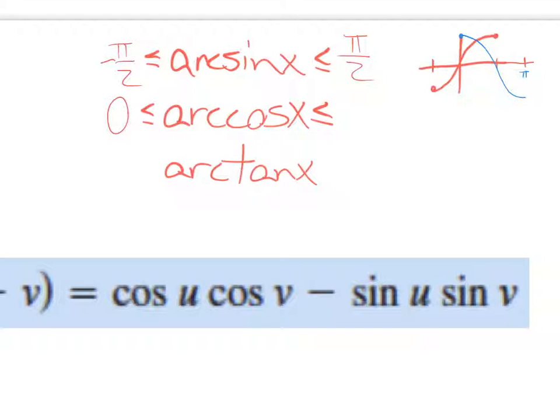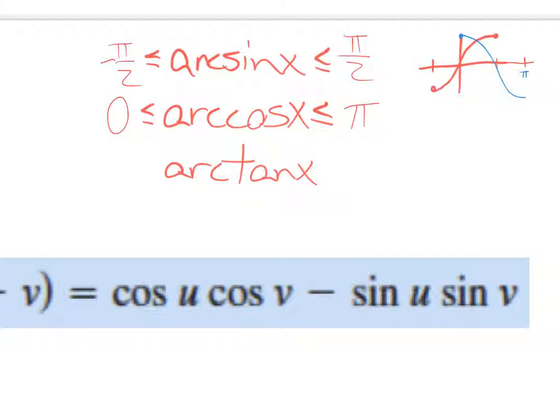This is what we limited the domain of, so that's what the range of our inverse function became. So 0 to pi is our arc cosine.